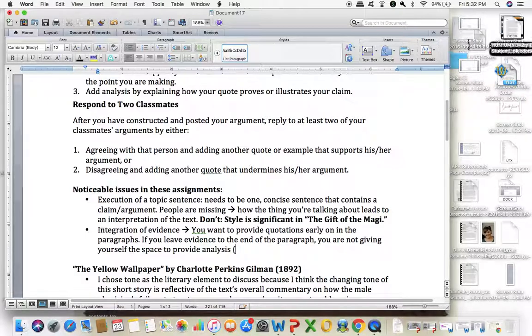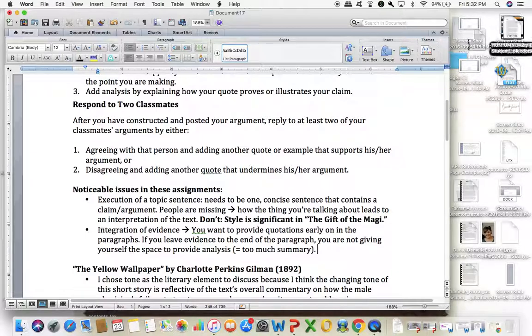What happens then is that equals too much summary. Because you're not giving your evidence until at or toward the end, whatever comes before that is going to be pretty much summary, because you haven't carved out the space for yourself to do the analysis.